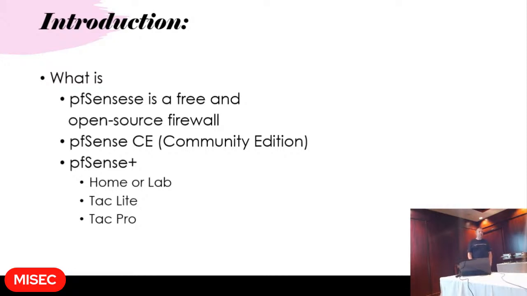This is a lot of times where you want the commercial edition. The home lab edition is free. There is no type of support besides the community. So if you have any problems, you have to reach out to the community. If you're a business, you can go with TAC Lite. TAC Lite is free, but your support tickets are best effort.